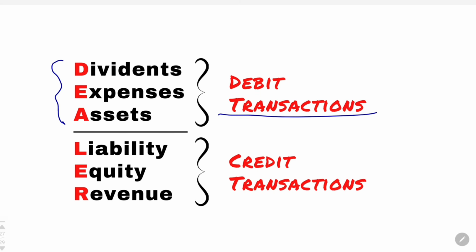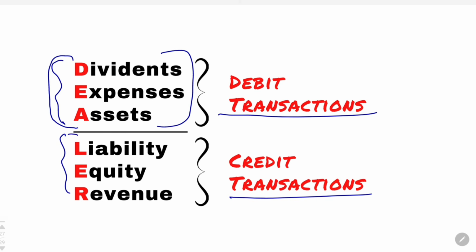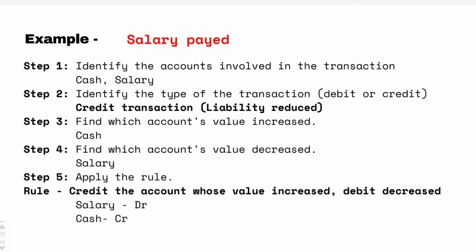And if the transaction creates or reduces a liability, equity, or revenue, it is a credit transaction. That is all that you have to remember. Now, if you apply this rule, if you can find out what is getting affected, is it the dividend, expense, or assets, or the liability, equity, or revenue, and then apply our rule for debit transaction and credit transaction, I guarantee you, you will never get it wrong.